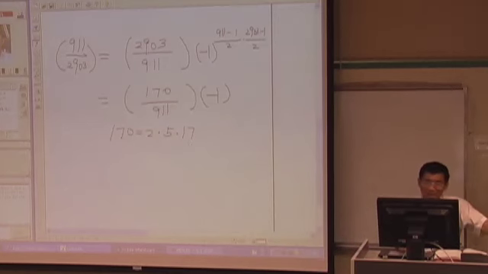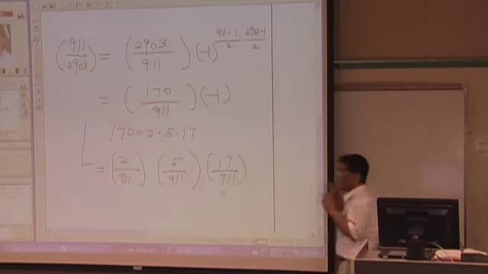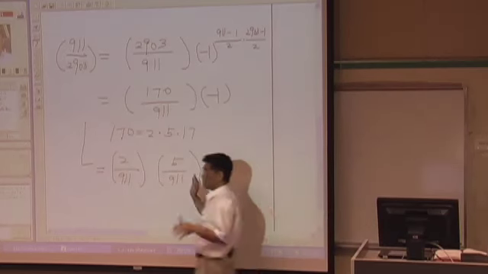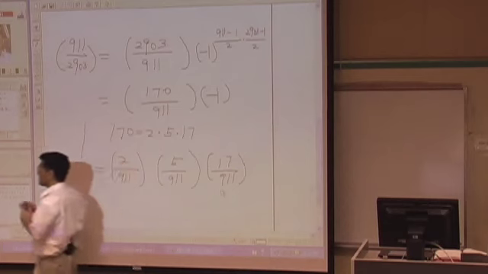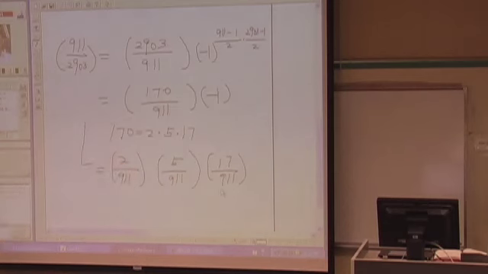Then by the product property it is 2 over 911, and then 5 over 911, and then 17 over 911. So we can use the product property. I'm showing you the properties, so please check whether you completely understand up to this point, other than the big theorem called quadratic reciprocity.